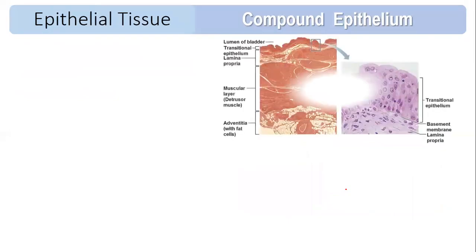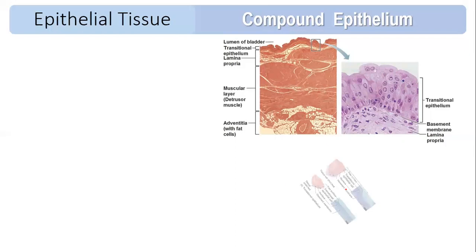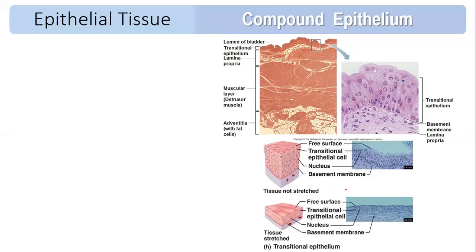Another type of the compound epithelium is called transitional epithelium. Here you can see these epithelia are the same as stratified, meaning it is multi-layered. The lowermost layer is located on the basement membrane, and the uppermost layer is a free surface.